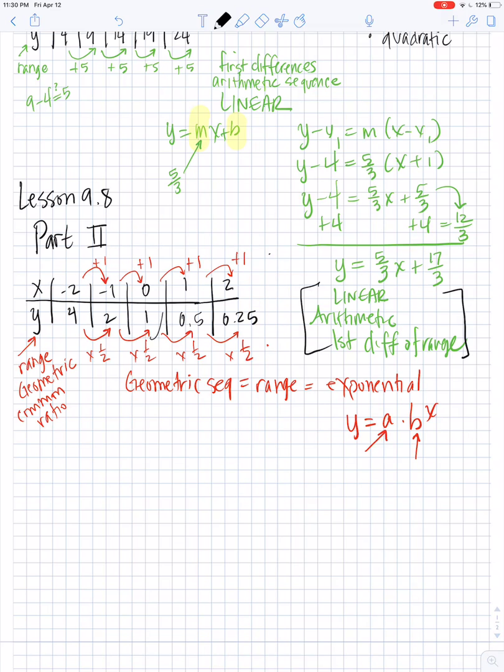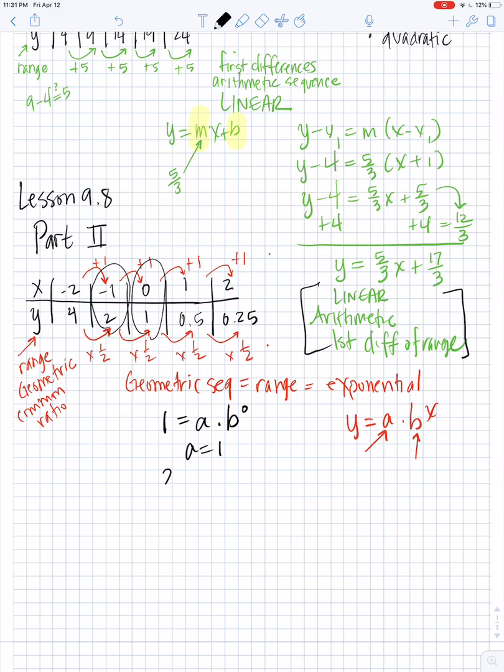So I can use this ordered pair, and I can say, when y is 1, I have a times b to the 0. Well, that just means that a equals 1. That's super helpful. So now I can use another ordered pair. I'll just use this one.